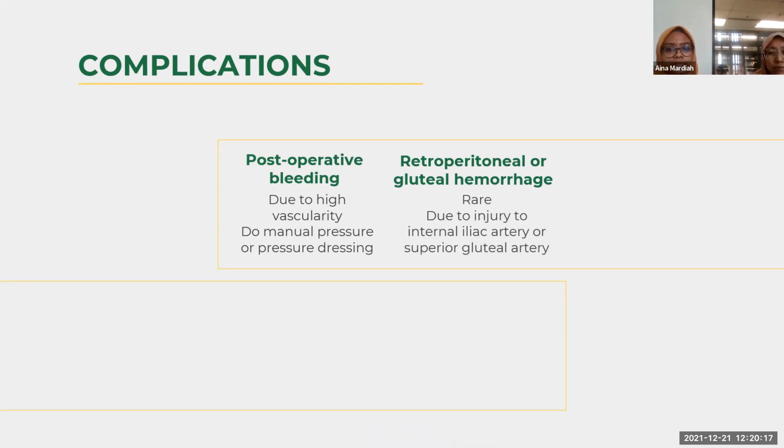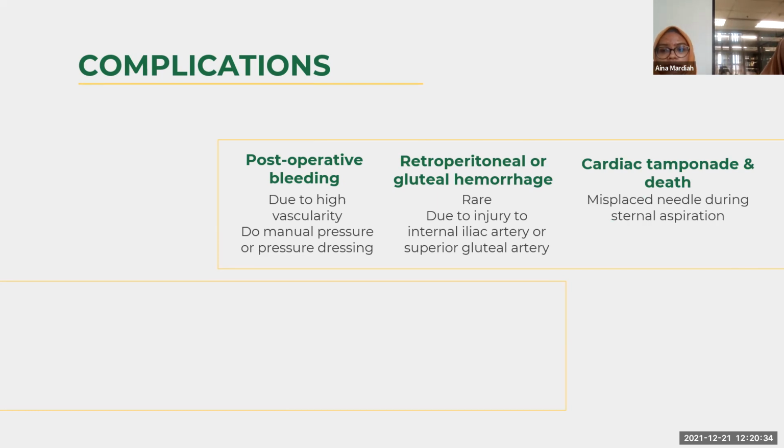It can occur when there is injury to the internal iliac artery or superior gluteal artery. The most severe complication is cardiac tamponade and death when we misplace a needle during sternal aspiration.